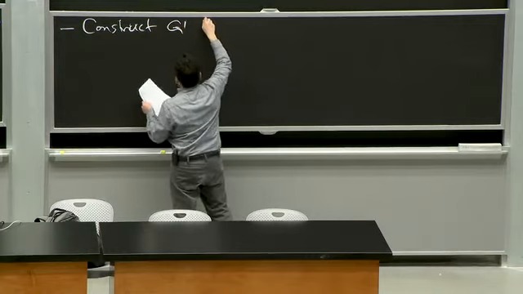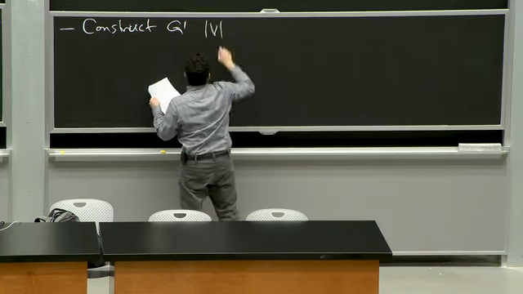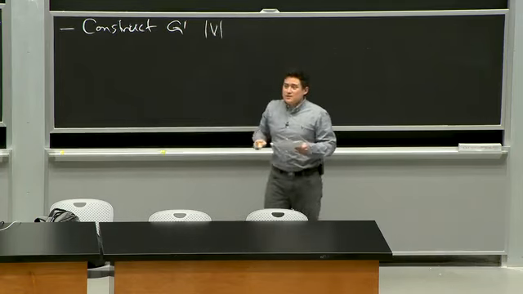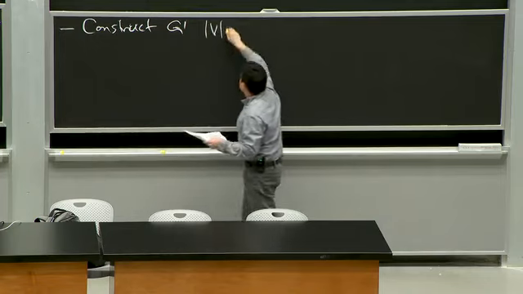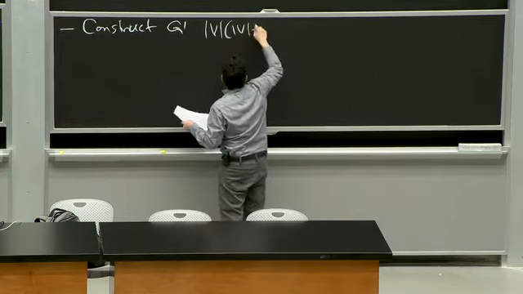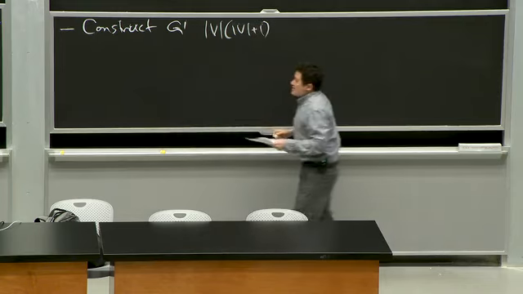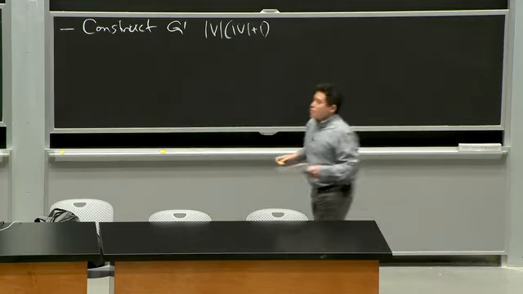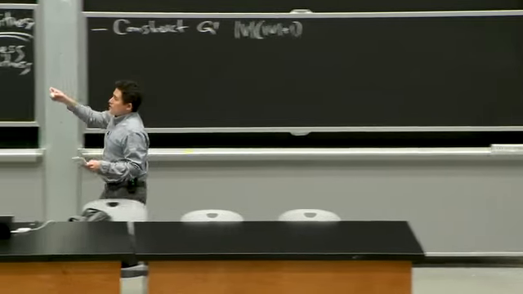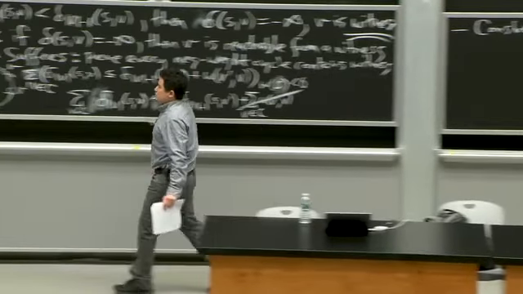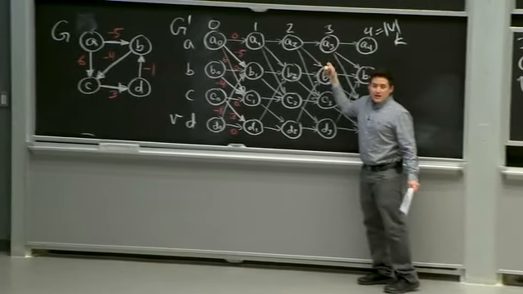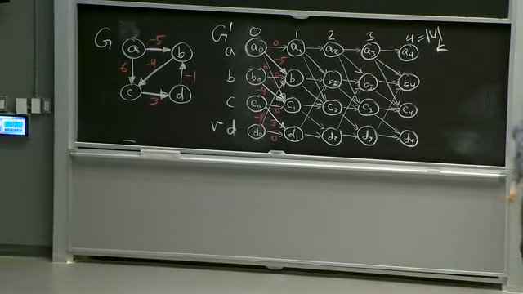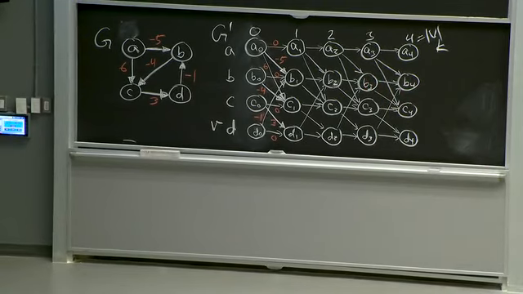It has how many vertices? V times V plus 1 vertices. And how many edges? Well, I have one outgoing edge for each vertex corresponding to just staying in the same place, so that's V squared edges.